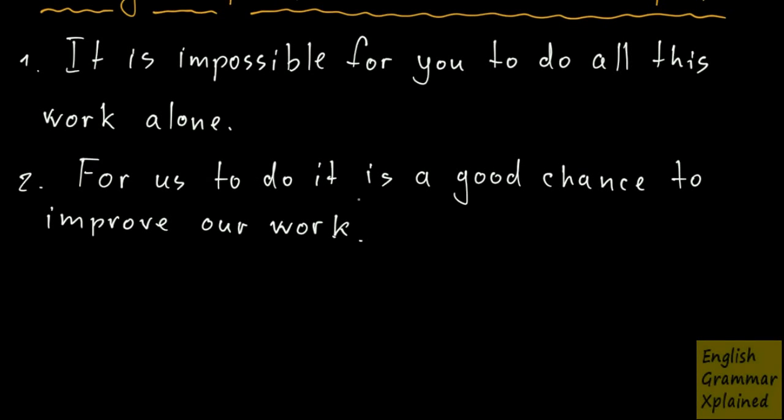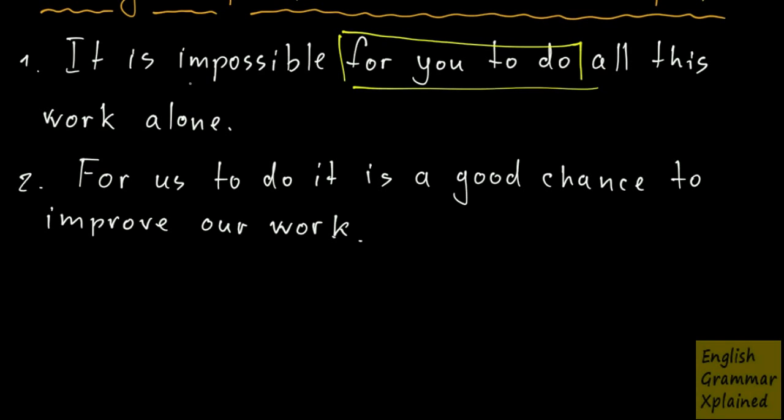Where is my structure? Where is my complex? Here in this sentence, my complex is basically here. For you to do. This is all. Because impossible can be missed, and it is not crucial. It can be or it cannot be in the sentence.